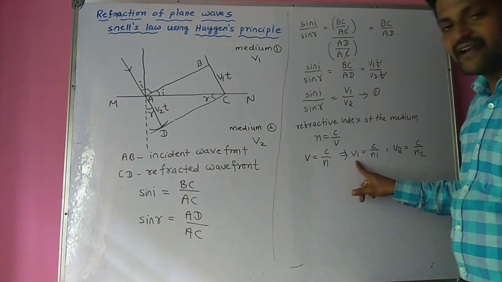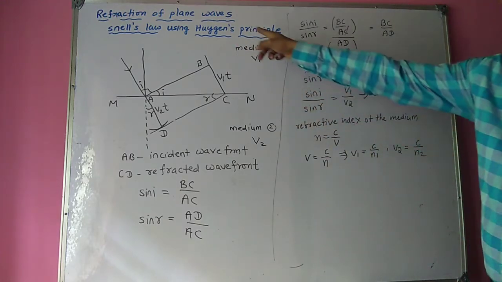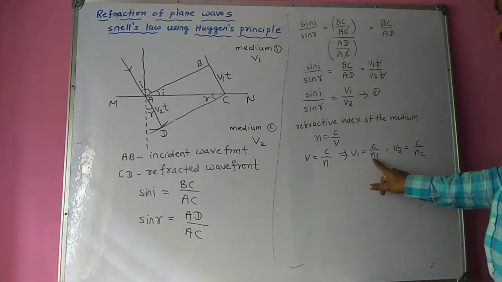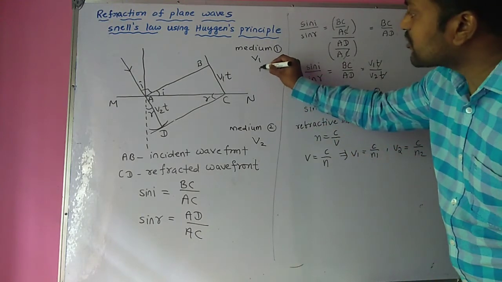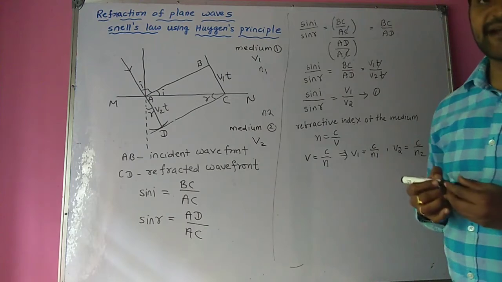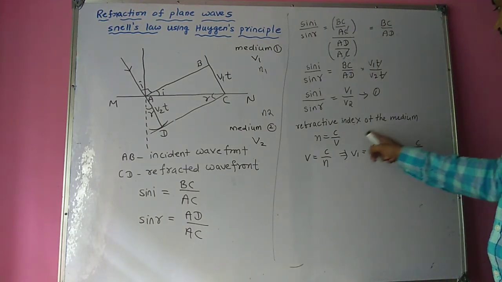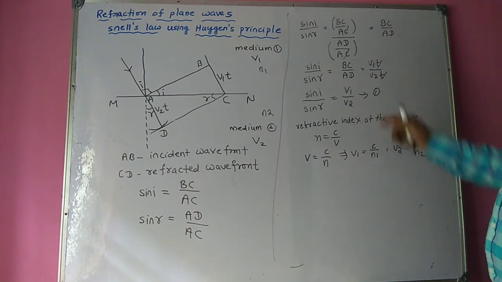Here v1 is the speed of the wave in the first medium, v2 is the speed of the wave in the second medium, n1 is the refractive index of the first medium, and n2 is the refractive index of the second medium.